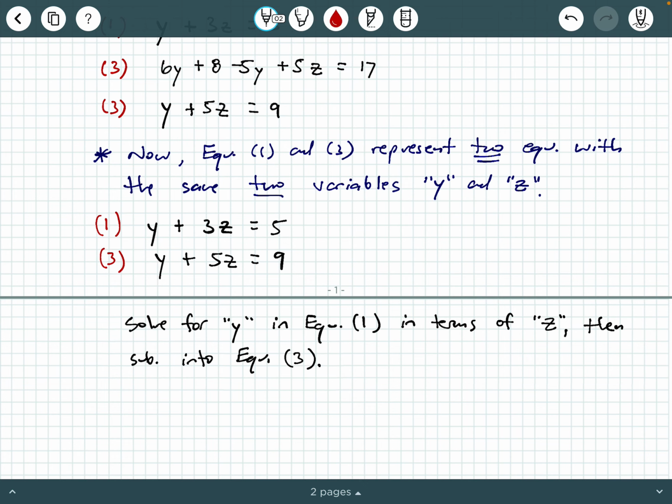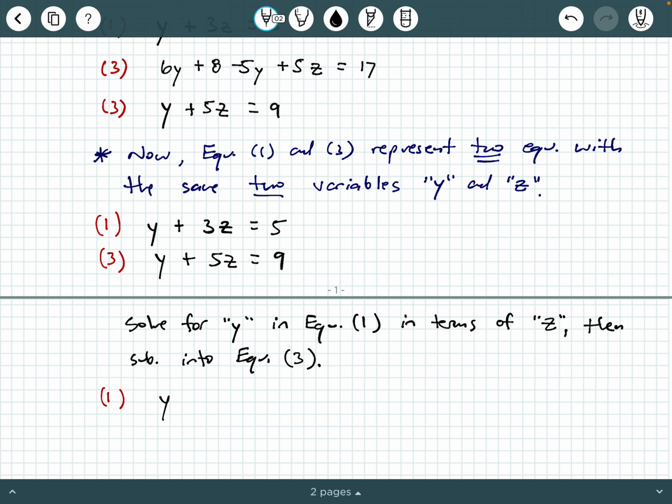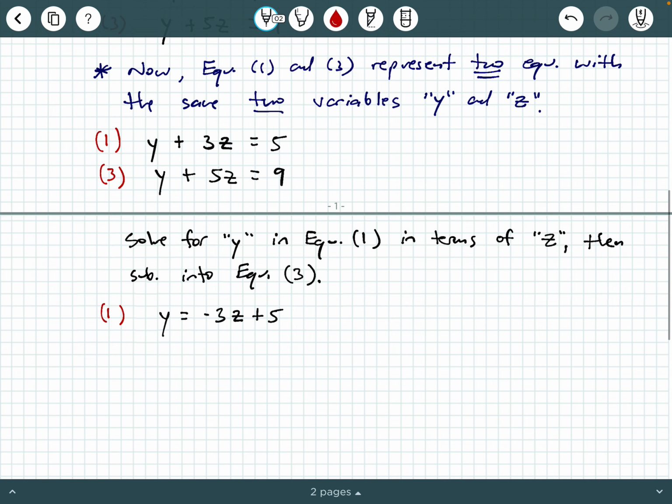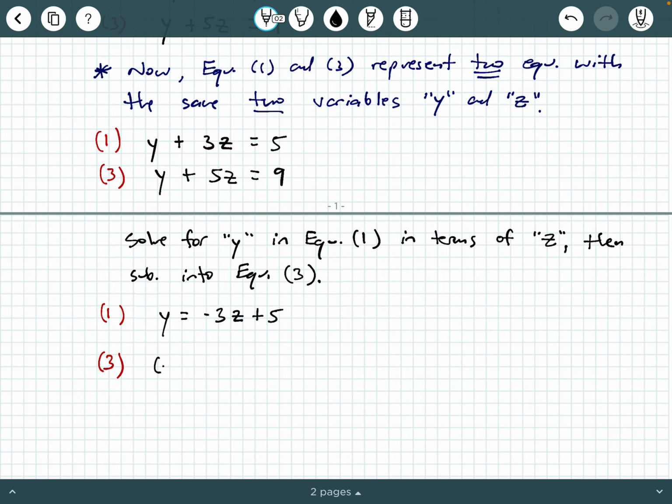All right, so let's rewrite equation 1. So we're going to say y equals negative 3z plus 5, and then go to equation 3 here, and we're going to substitute that into equation 3, and that will give us negative 3z plus 5 plus 5z equals 9.